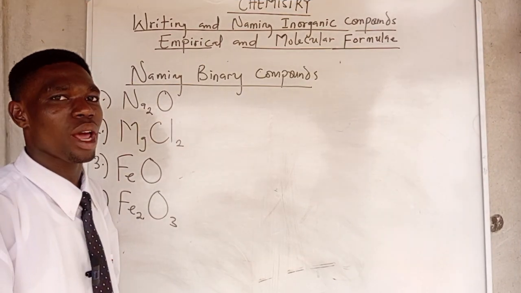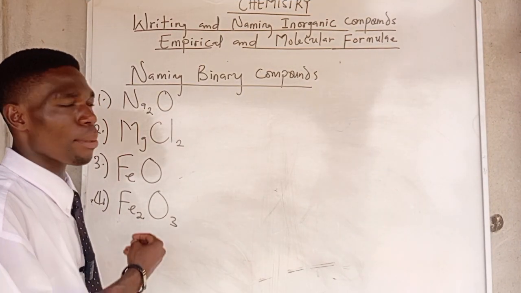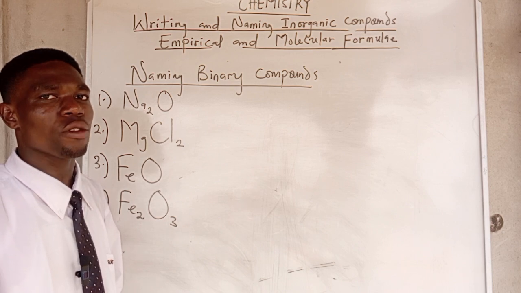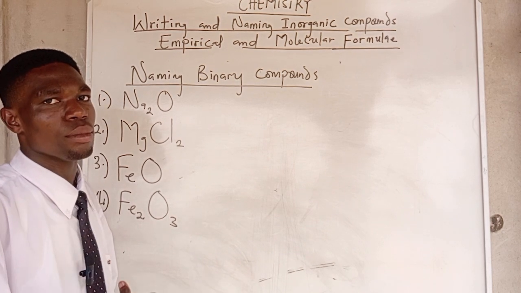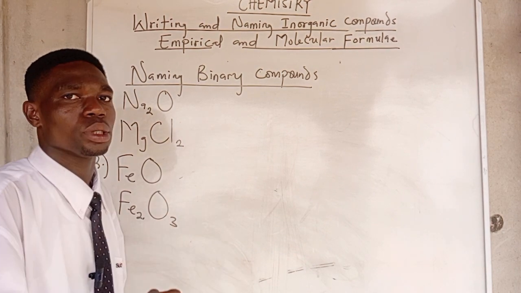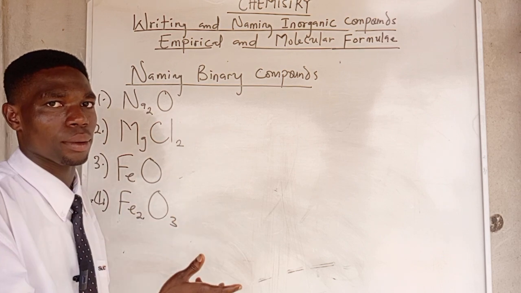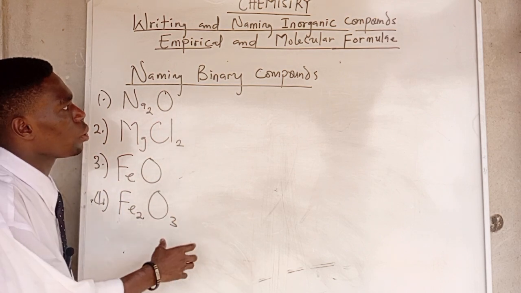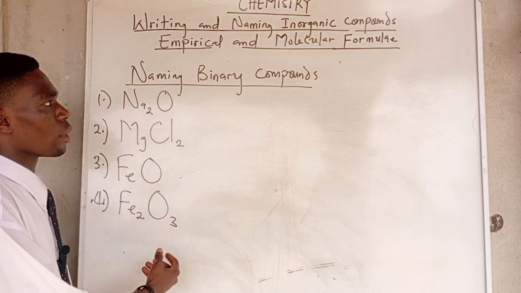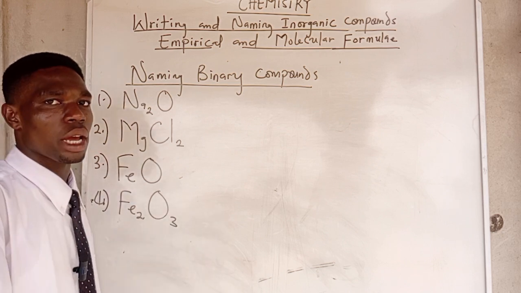All right, so we're looking at how to name binary compounds. So far, I've actually taught you how to write the chemical formula for the binary compounds. Are we together now? And so we're going to be looking at how to name them. For binary compounds, there are no more rules.